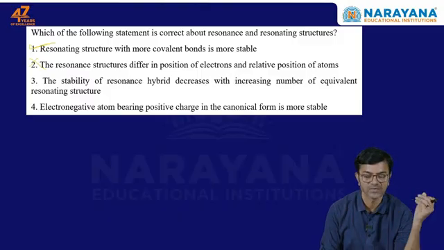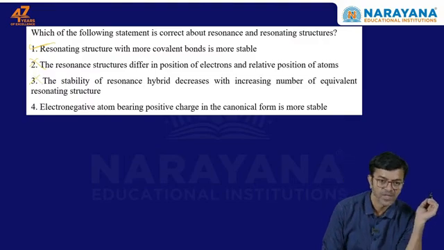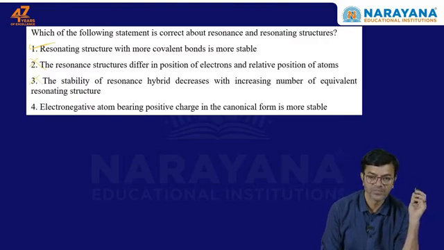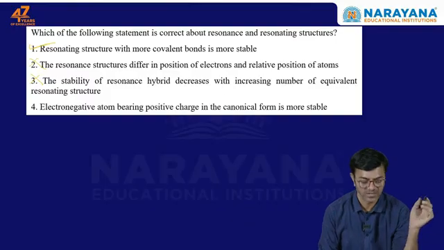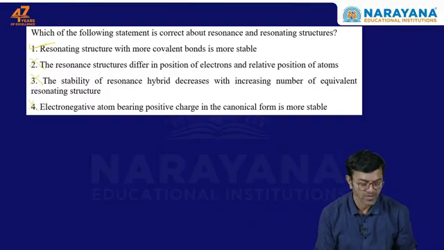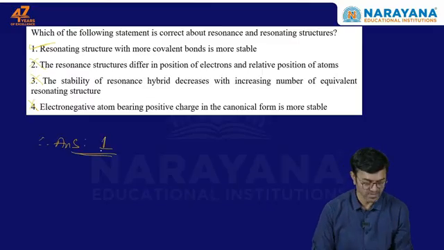It is actually reverse. More the equivalent structures, more is the stability of resonance hybrid. So third one is also incorrect. Electronegativity atom bearing positive charge is more stable. That is incorrect, because more the electronegative atom, if it carries more negative charge, then that will be more stable. So fourth one is also incorrect. So as per this question, first answer is correct.